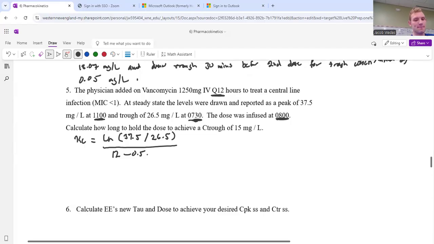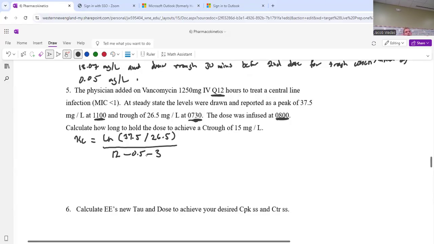I remember on the exam something similar, where the nurse drew the level too late. Knowing what this means is important because they can draw it whenever and you will still be able to calculate the KE.